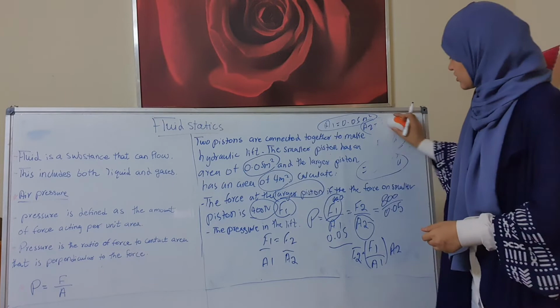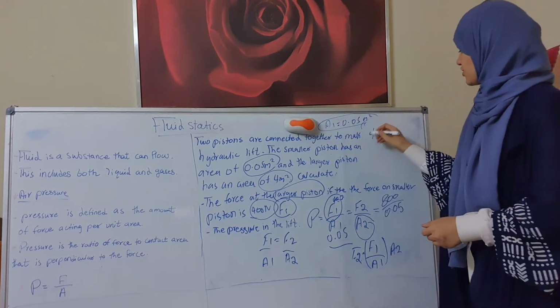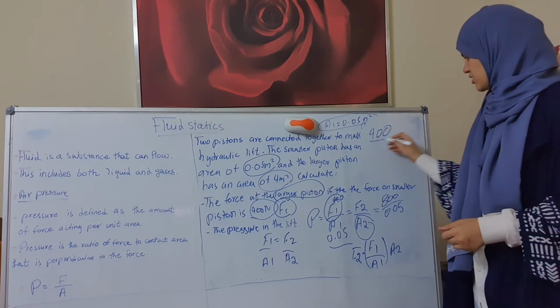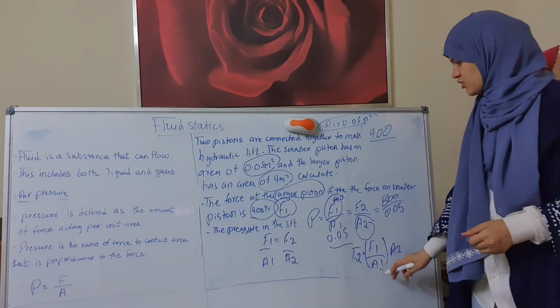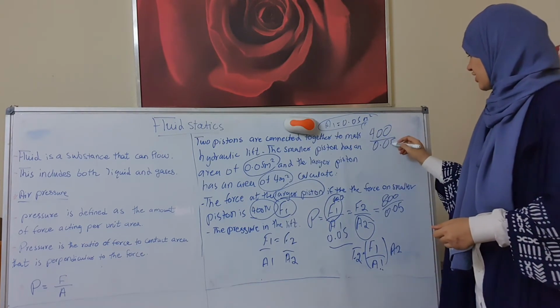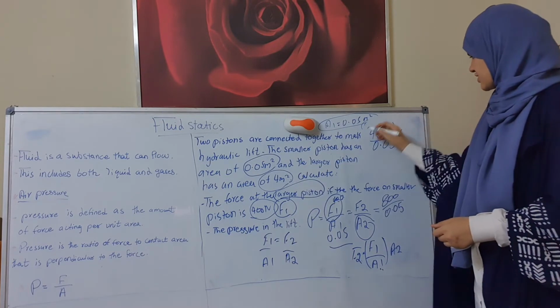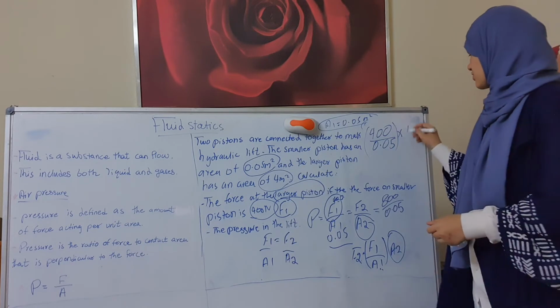So here it will be 400 over A1, which was 0.05, times A2, which is 4.